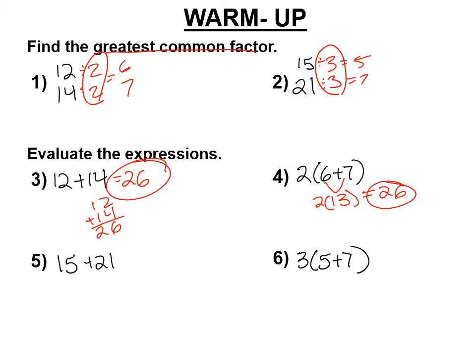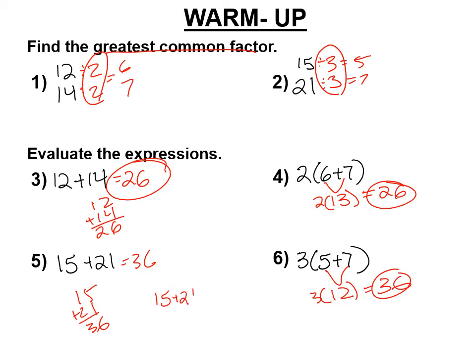So do the next one if you haven't. Well, 15 plus 21 is, in fact, 36. Let's see if this is 36. You do inside parentheses first and get 12. 3 times 12, 36. So it's turning out that 15 plus 21 is the same as 3 times 5 plus 7.